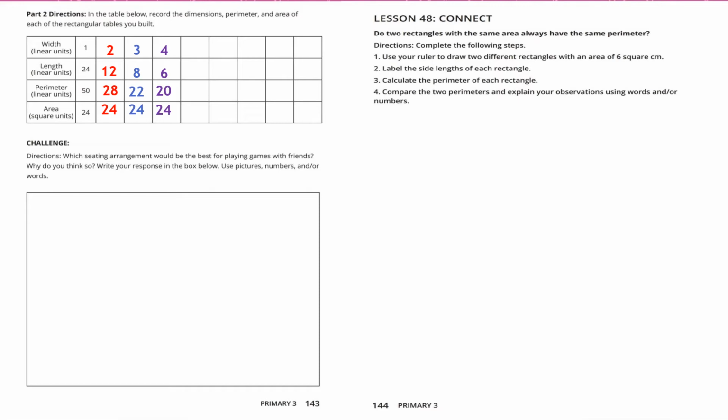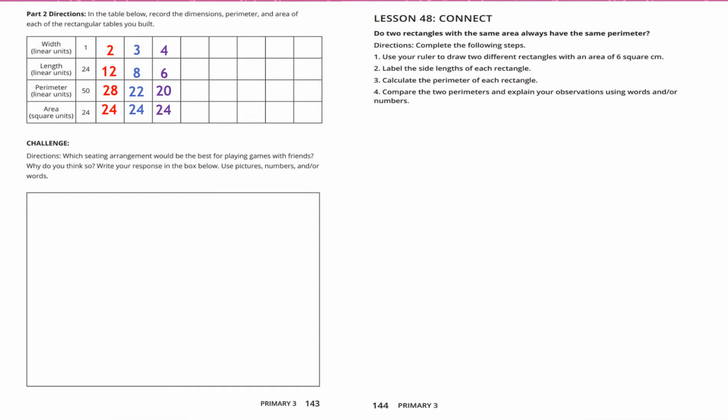Here, which seating arrangement would be the best for playing a game with friends? Okay, he wants me to find which way we arrange our tables will be better for us to play together. It means we should be near to each other.